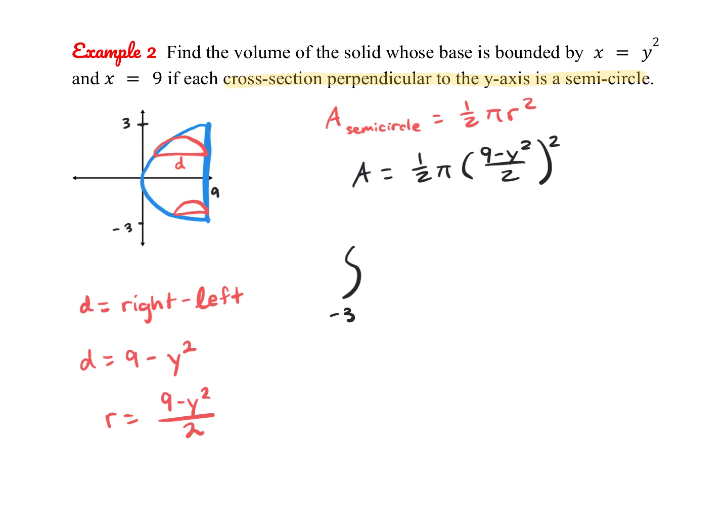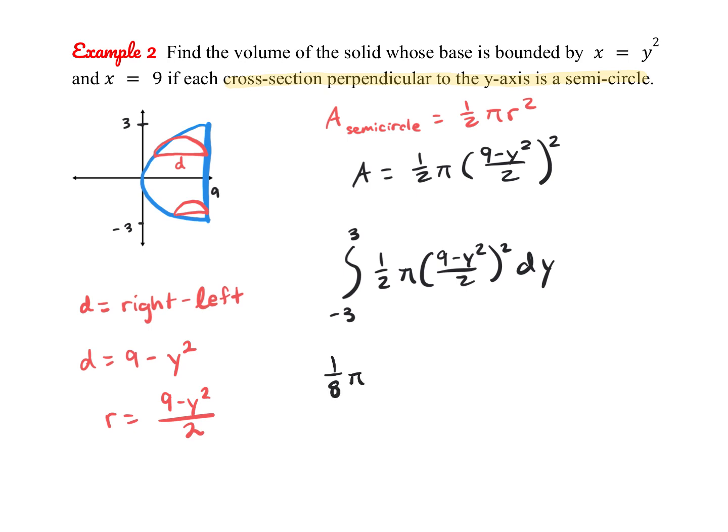So it's going to be from negative 3 to 3 of 1/2 pi r squared dy. From here, it's a matter of simplifying. First I would pull out the 1/2 pi, and also the 1/4 when you square your entire radius. So we can pull out 1/8 pi.